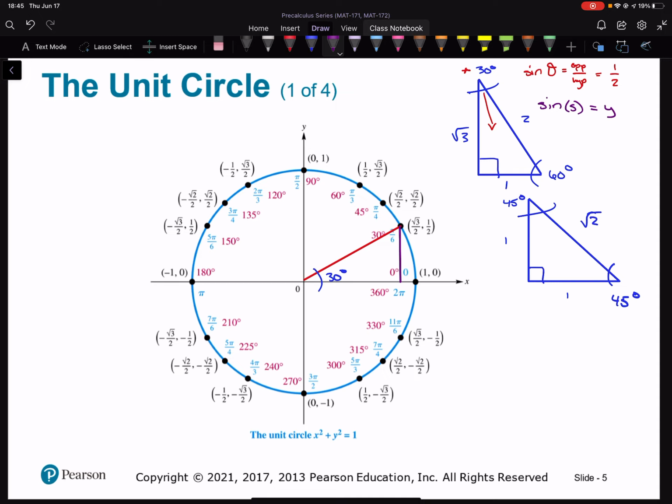So, 30 degrees in radian form, we would need to multiply by pi over 180 degrees. The degrees will cancel, and then 3 goes into itself once, and 3 goes into 18 6 times. But it's still going to cause the same amount of rotation. Like, this is 30 degrees, but it's pi over 6 radians in rotation.